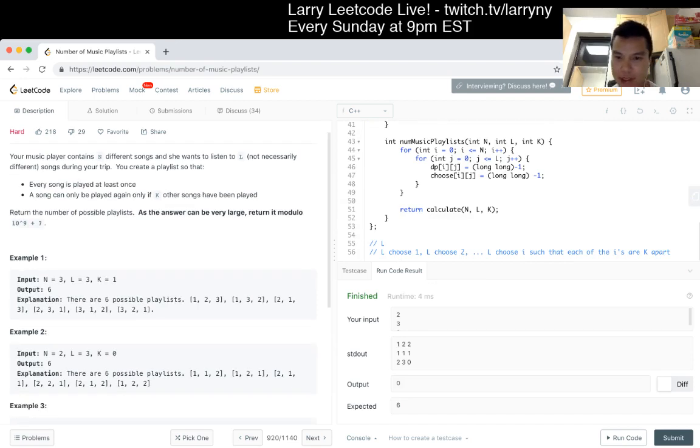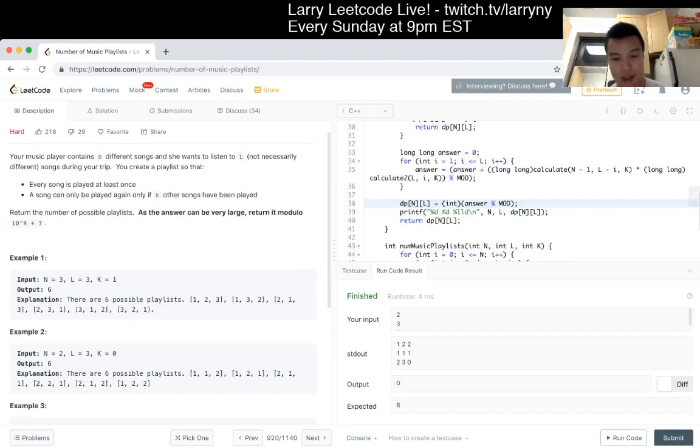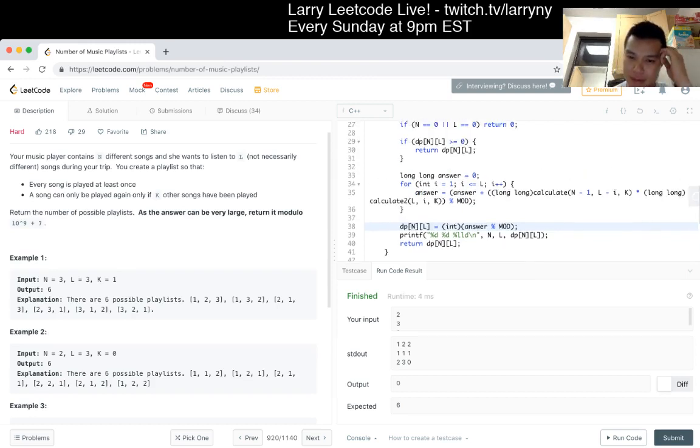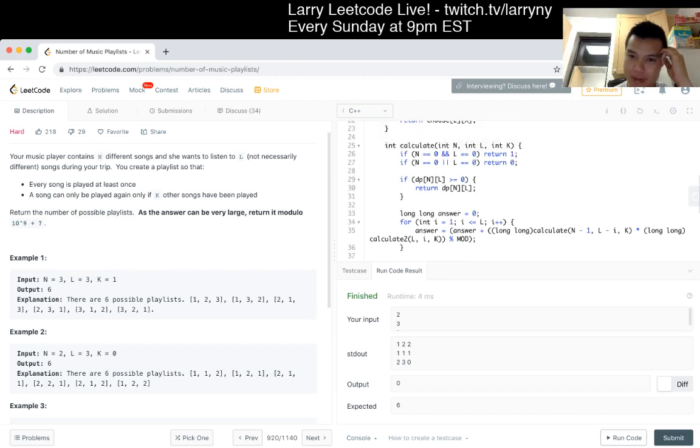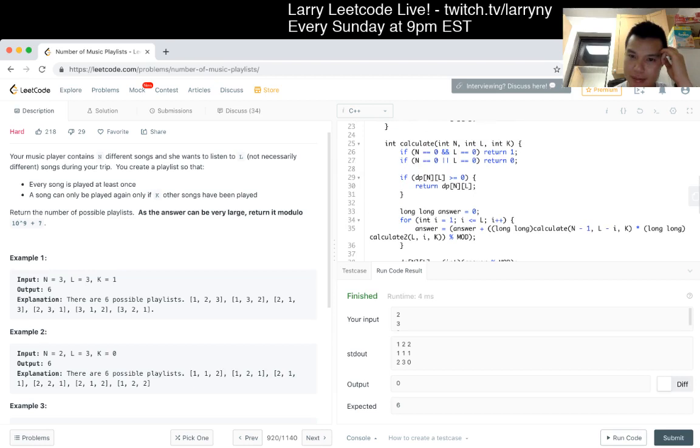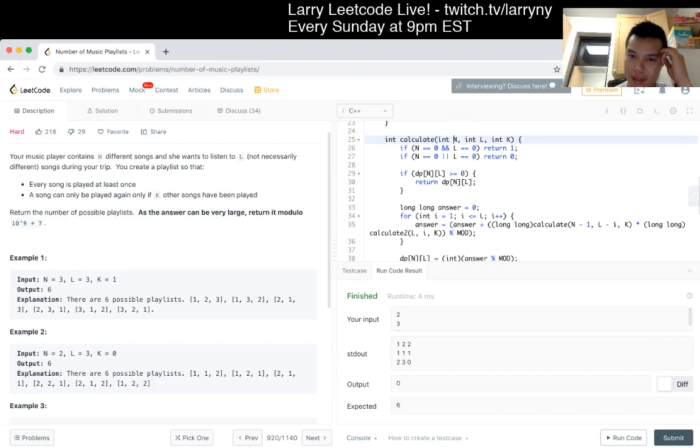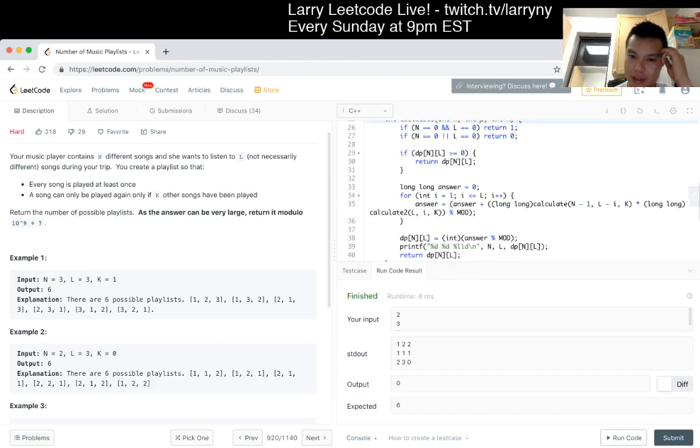I'm doing the second one. Okay. Two is 2, is that right? That means there's one number left. There's 2.